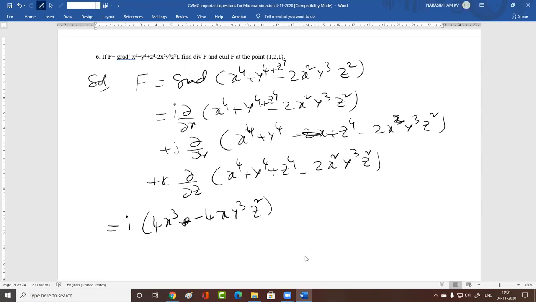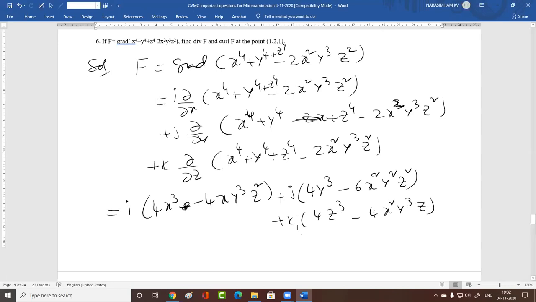Plus j times the partial derivative with respect to y: 4y cubed. The derivative of y cubed is 3y squared: 6x squared y squared z squared. Plus k times the partial derivative with respect to z: 4z cubed. The derivative of z squared is 2z: 4x squared y cubed z. Okay, this is f.